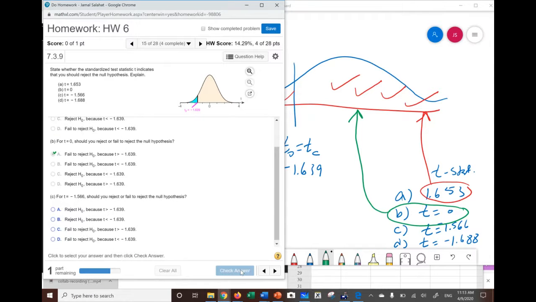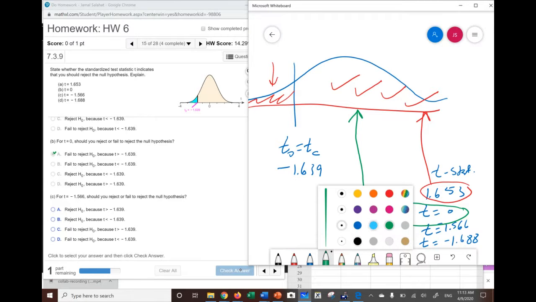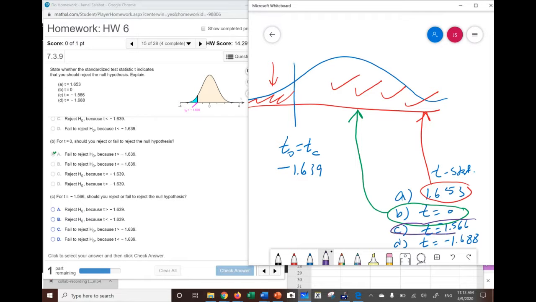C, they tell you, okay, look at the number negative, look at this number in here, which is negative. Let me use a different color in here. So let me look at this one. The negative 1.566 is still negative 1.566, which is above negative 1.639, because negative 1.566 is bigger than, remember those are two negative numbers.